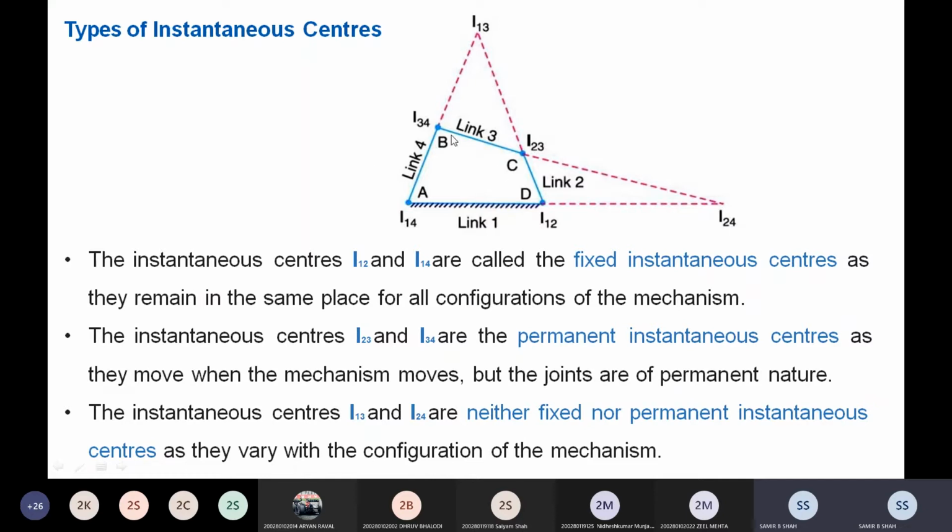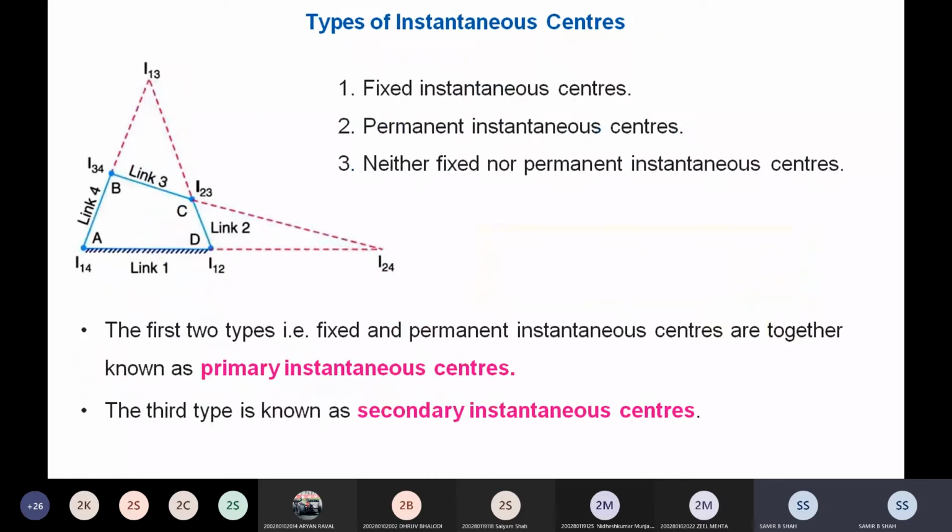Whatever the motion given to these two links, based on that, I13 and I24 change their place. So on this basis the types of I center are divided in these three ways.